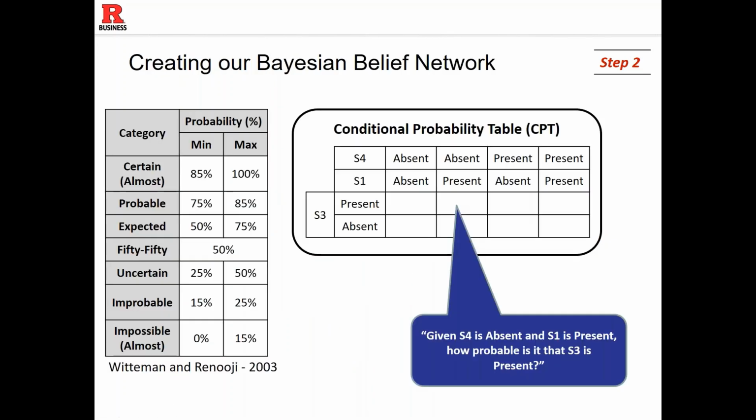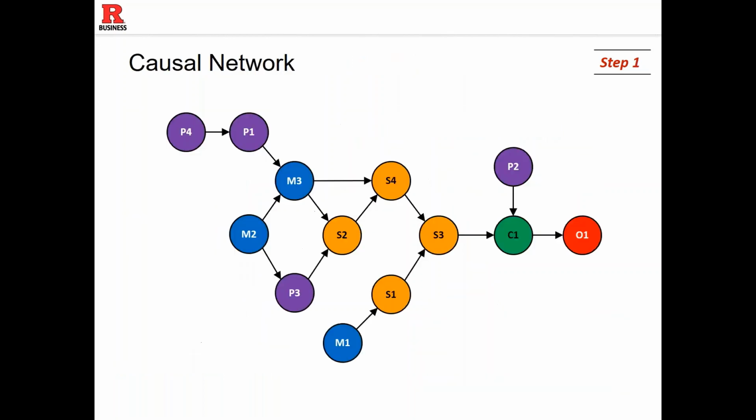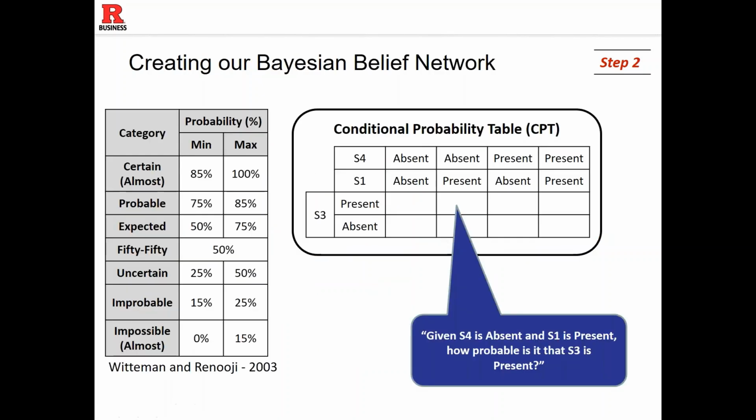Now, when we create our Bayesian belief network, a critical element is using conditional probability tables. It's a tedious exercise that we had to go through. I'm using S3 here as an example, this node in orange, where the parent nodes S4 and S1, both of which exist in 2 states, we have to work through this conditional probability table and populate it using this probabilistic elicitation scale, which I've called out more explicitly on this slide.